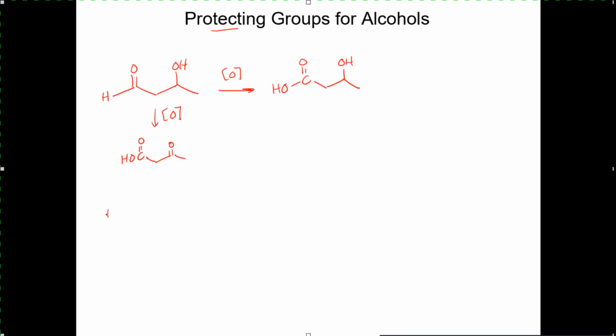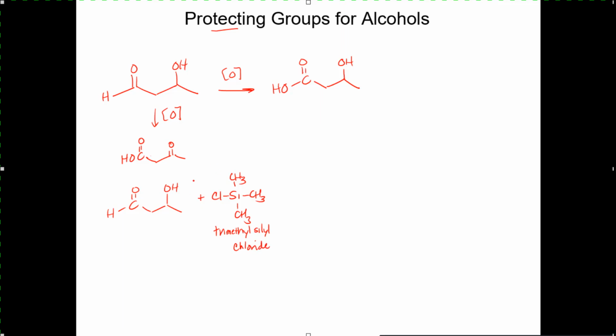The molecules that are actually shown in this chapter react the alcohol with a silyl chloride. This is called trimethylsilyl chloride.